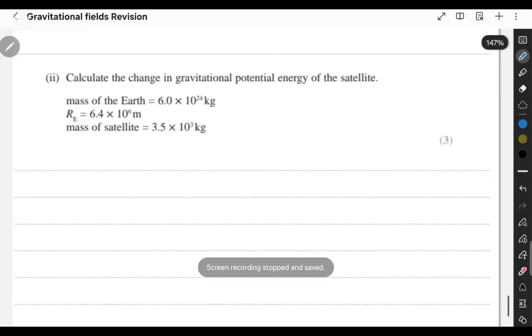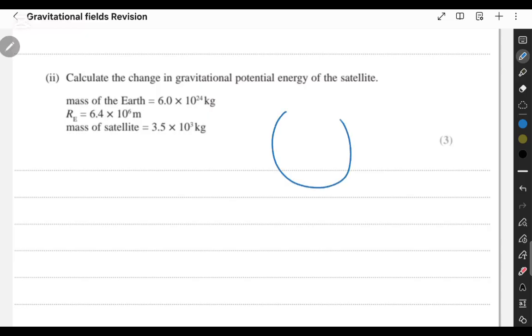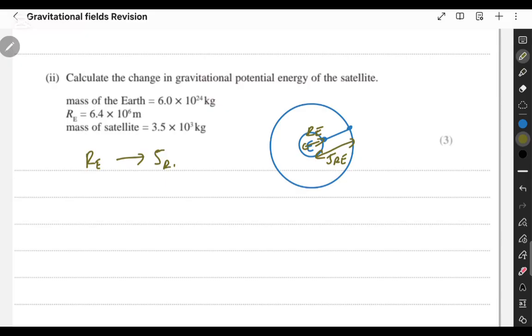Now we have the final part, which says calculate the change in gravitational potential energy of the satellite. So let's do this now. We have the mass of Earth here, and the satellite goes from the surface of Earth to a distance of 5 RE, and this distance here is RE. So it goes from RE to 5 RE.